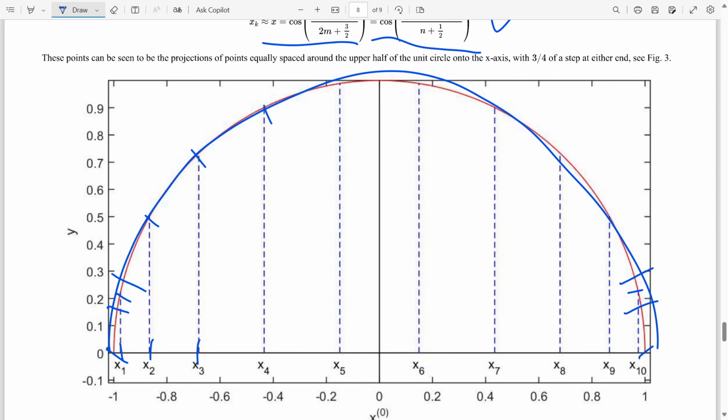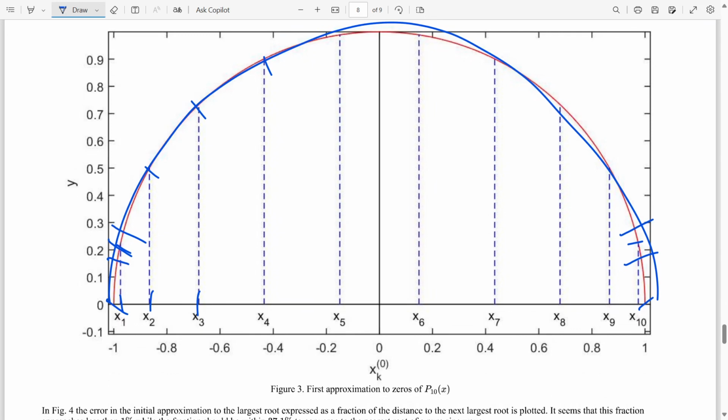So it kind of makes sense that since the Legendre polynomials, in a sense, lie halfway between the Chebyshev polynomials of the first and second kinds, taking 3/4 of a step here would give us a reasonable approximation of the roots of the Legendre polynomials.